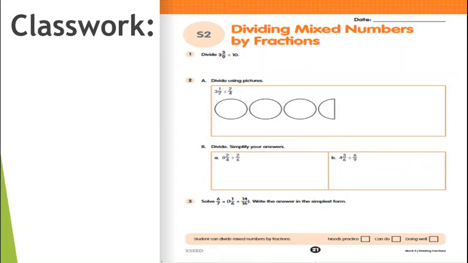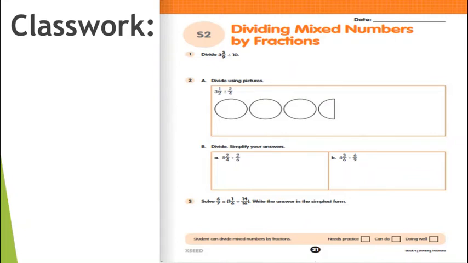Now that you know how to find the quotient when dividing mixed numbers by fractions, you can now answer page 21 in your content book, sheet work number 2, dividing mixed numbers by fraction.